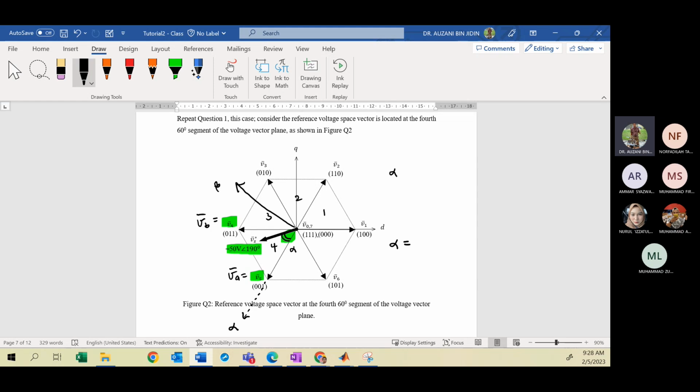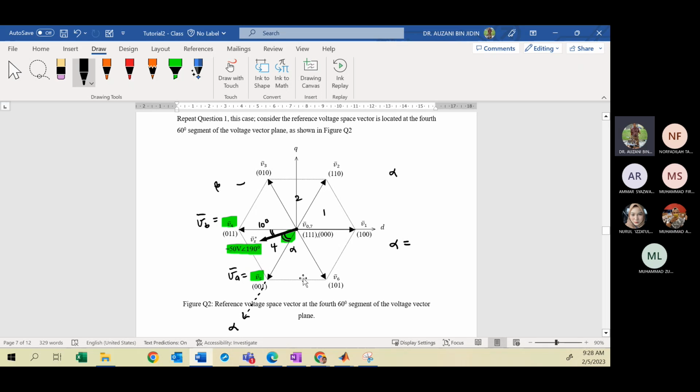The VS angle is 190 degrees. So the difference angle here will be what? 10, right? Because your V4 angle is 180. So then you have this angle is 10 degrees, right? 10 degrees.